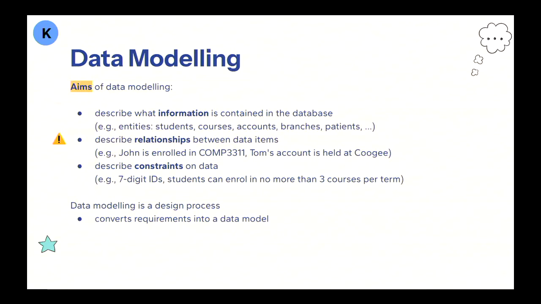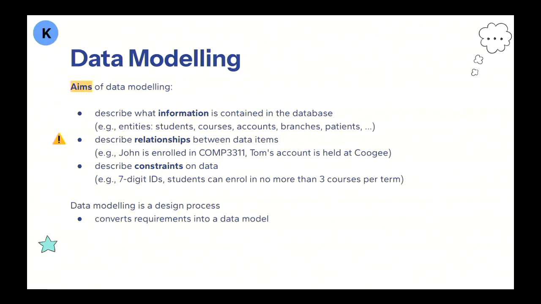So as you can see, there's a blue icon there on the top left corner of the slide. So it means this is a knowledge slide. And the aim of data modeling is to describe what kind of information should be contained in the database.